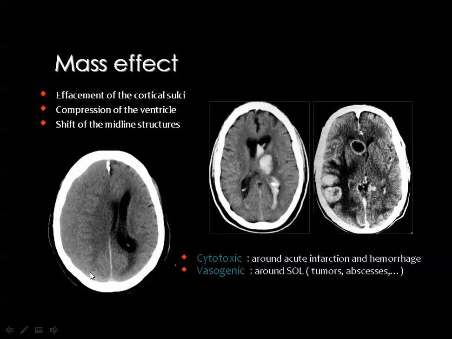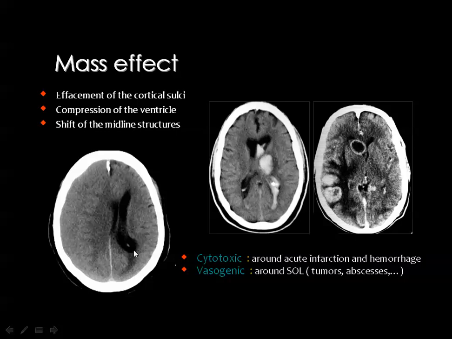Then compression of the ventricle, and this example also showed that the right lateral ventricle is compressed, and not only that, it has also been shifted to the opposite side. And these are the three patterns of the mass effect. Number one, effacement of the cortical sulci, ventricular compression without displacement, and the contralateral shift of the ventricle to the opposite side.